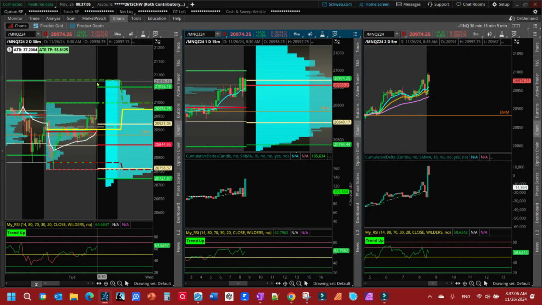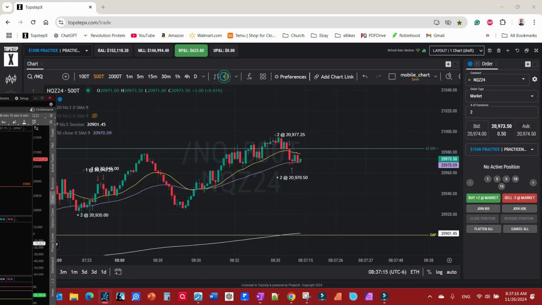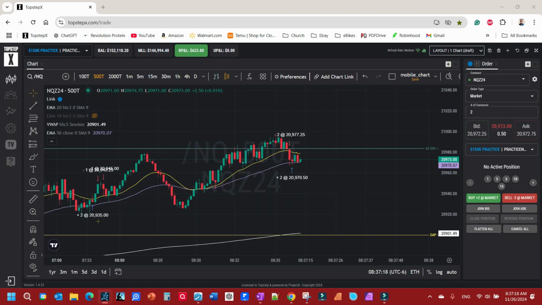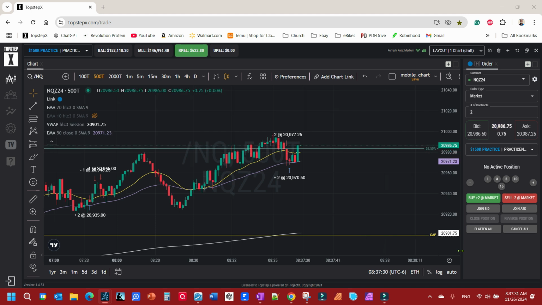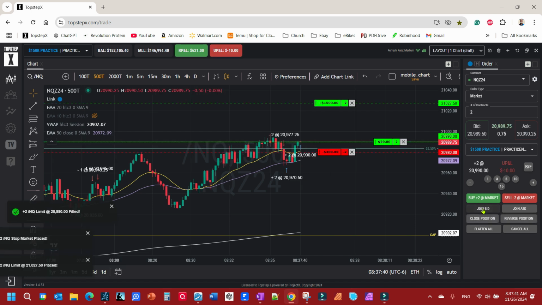We're looking at the volume profile. I'd love to see it come back down somewhere in this area and get in for long. Alright, we're looking for it to continue this trend back up. Order filled.